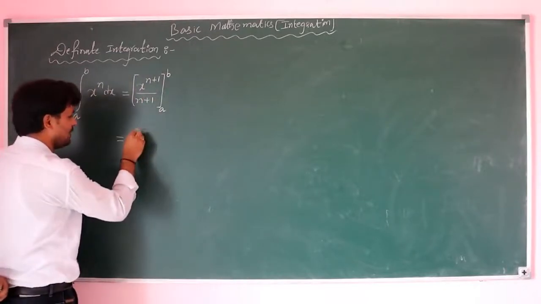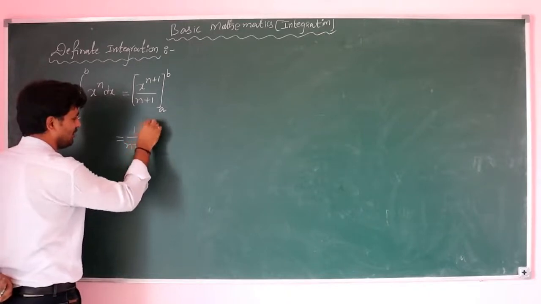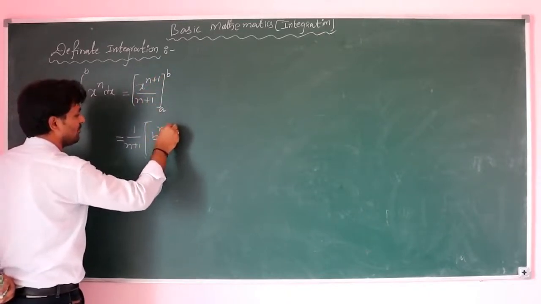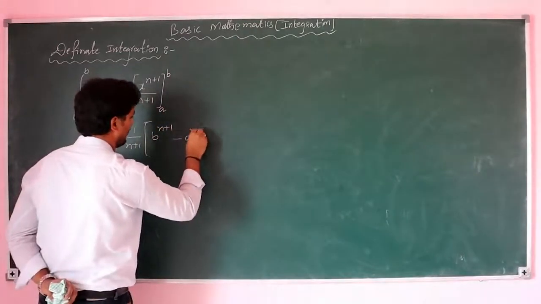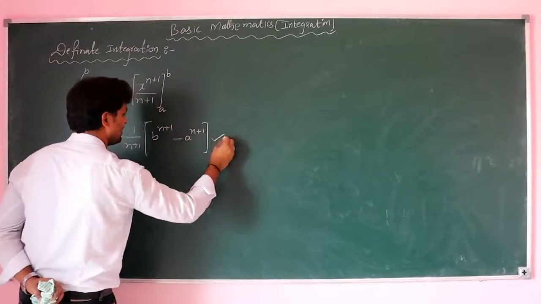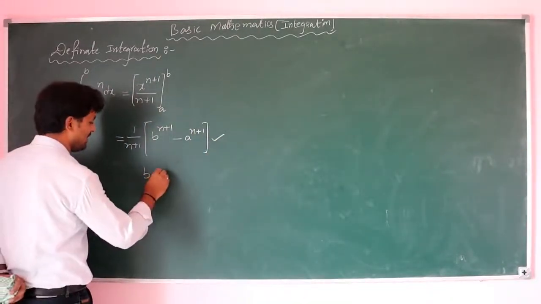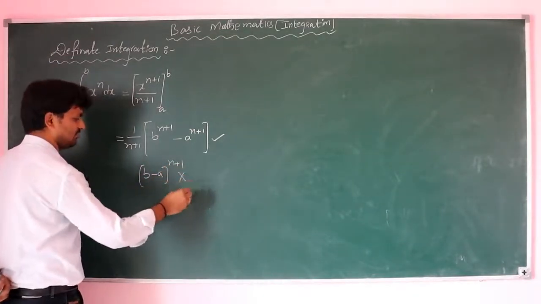Upper limit b to the power of n plus 1 minus a to the power of n plus 1, all upon n plus 1. This is the right process. If we do b minus a whole to the power of n plus 1, this is wrong.